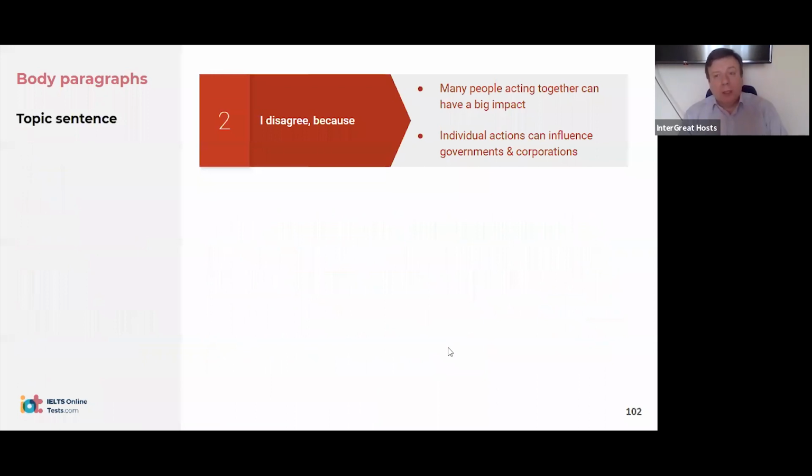So now you're going to add another point. Remember, we're just disagreeing. So we're not showing the other side. We're just disagreeing. So how are you going to begin your paragraph? Okay, so we use furthermore.